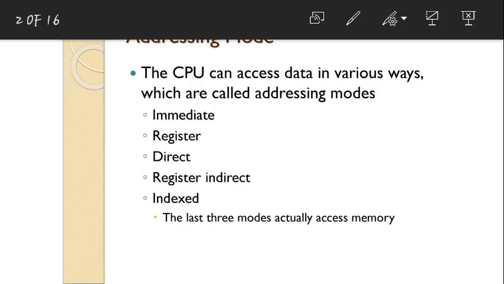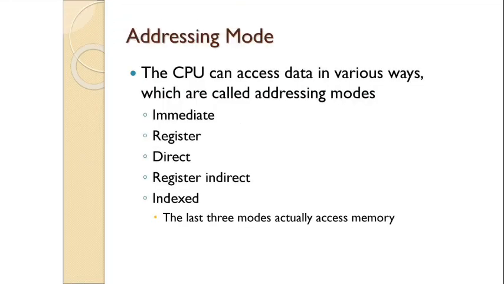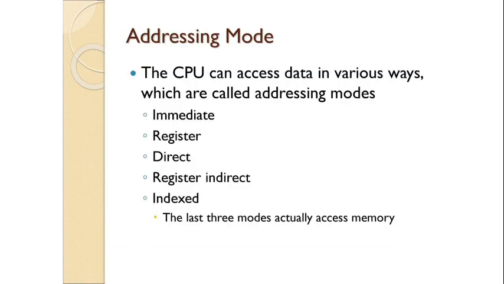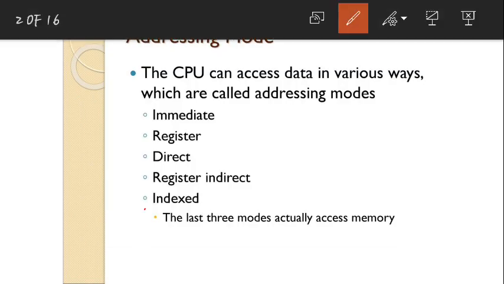So in the previous video we have seen all the addressing modes: immediate addressing mode, register direct, register indirect, and indexed addressing mode. In the last video we had to discuss this program, but we didn't have sufficient time, so we will discuss this program, which is an example for the indexed addressing mode.